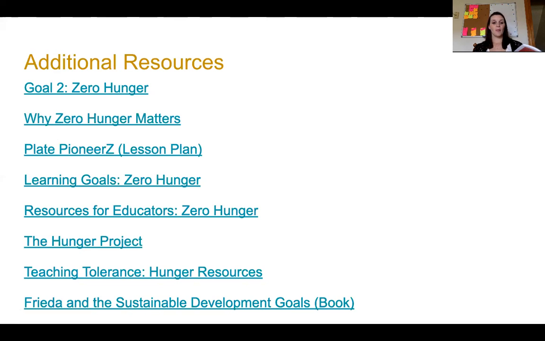And then while this one isn't specific to Goal 2, I did end up linking at the bottom Frida and the Sustainable Development Goals. It's a book that the UN put out. You can download it. Again, I printed mine because I like to have it handy and be able to flip through, but they have it available for download that you could print for yourself as well.